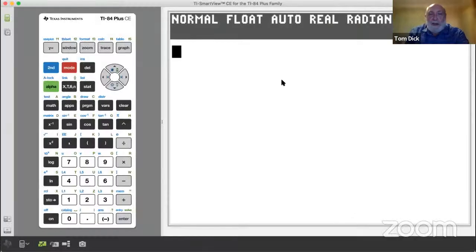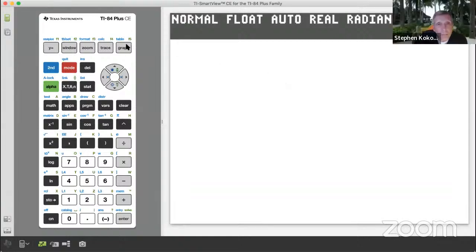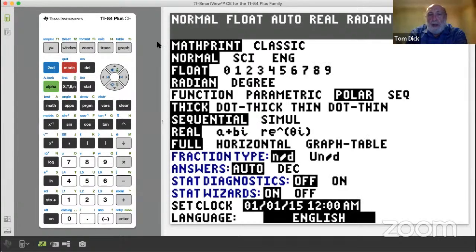Okay. Just wanted to go back to the 84 briefly and discuss converting between coordinate systems, how that might look on the 84. What I'm going to do is go to the mode and look down further than the function parametric 4.